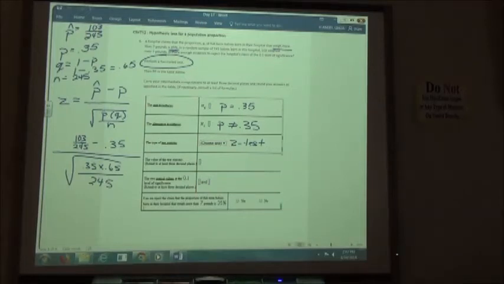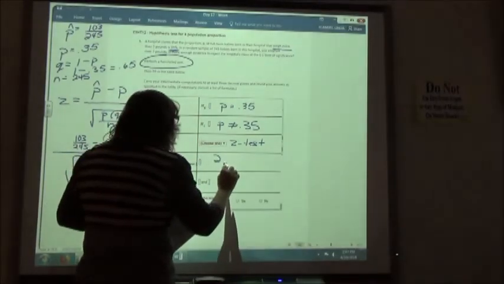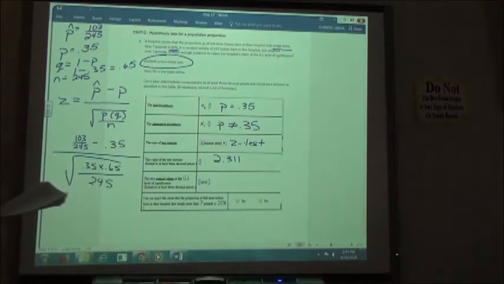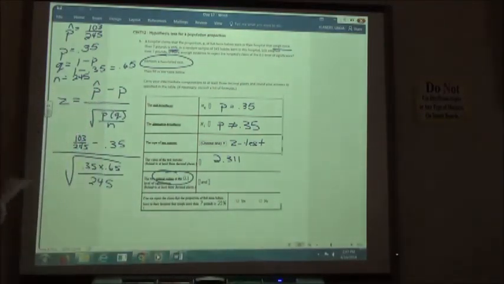All right. So we get a test statistic of what? 2.31. We're going to go to 3 decimal places of 2.311. Okay, 2.311. Now this one is doing critical value. When you do the critical value, you're using the sub.